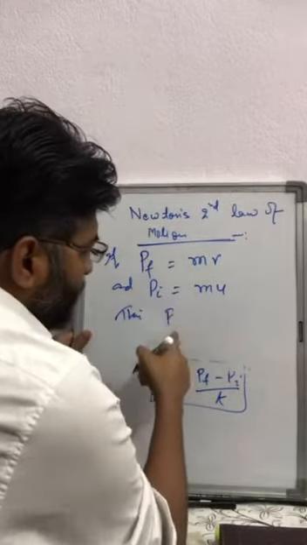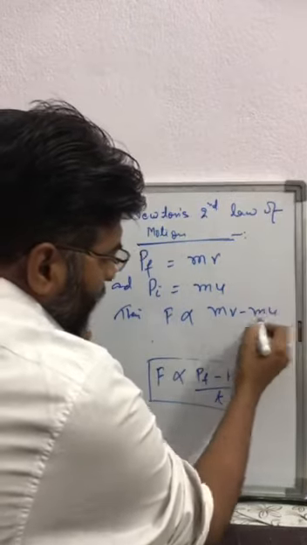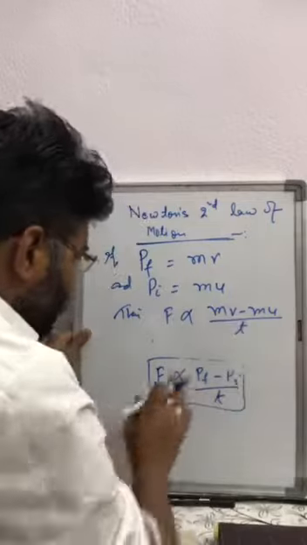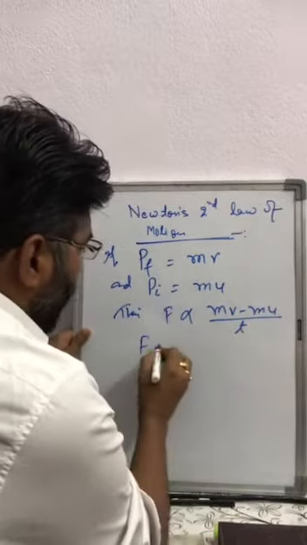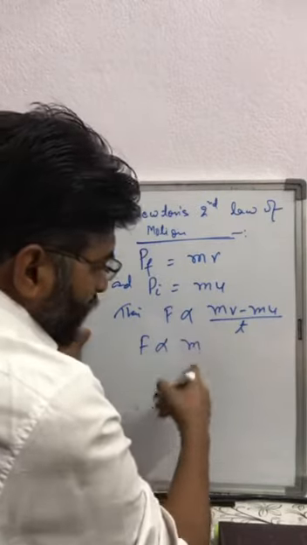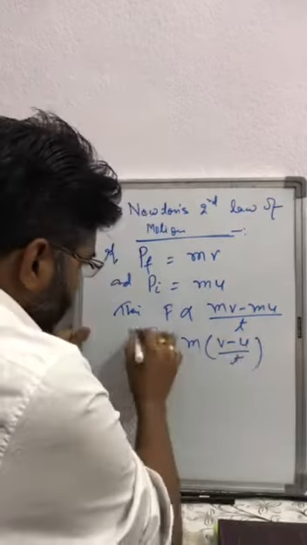Then F is directly proportional to (mv minus mu) by T. Hence we can say F is directly proportional to m into (v minus u) by T.